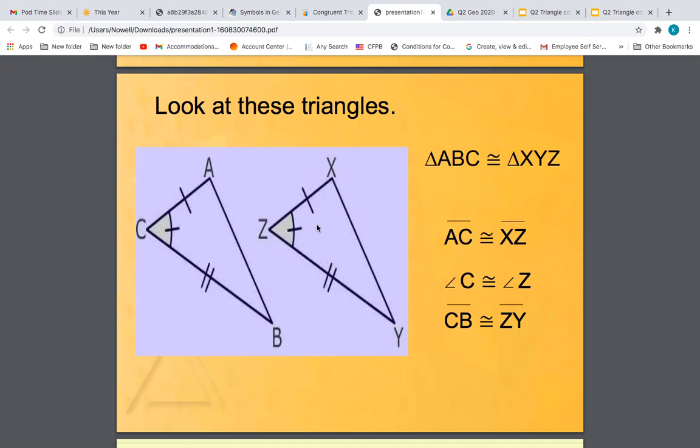Those are given because we already know it's in the diagram. And CB is equal to ZY. Now we can say triangle ABC is congruent to triangle XYZ.